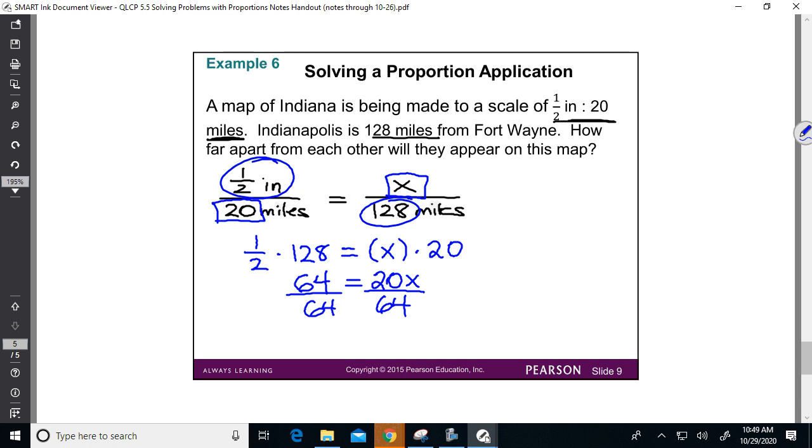Y'all fell right into my trap. Good chunk of y'all fell into that trap. Whatever number is in front of the variable, that's the number that gets divided. It is 3.2. Derek, you had the right answer the entire time.